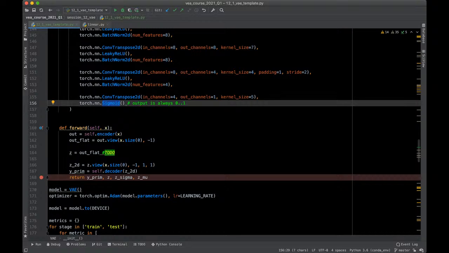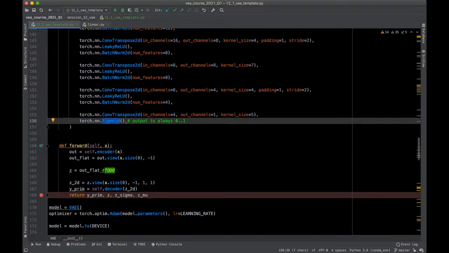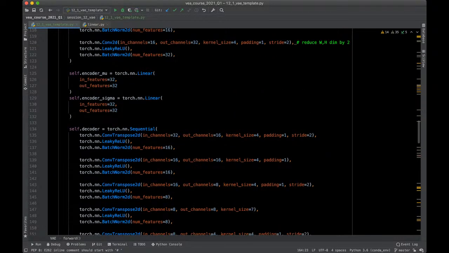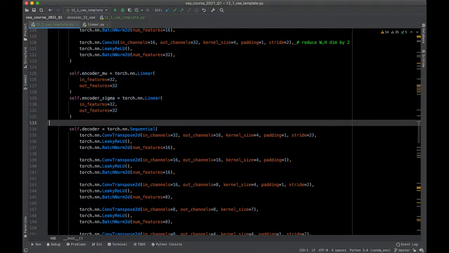So anyways, the mu and the sigma that we have in the middle part here, they can be anything. I think the standard deviation actually should not be in the minus part, but the mu definitely can be anything.